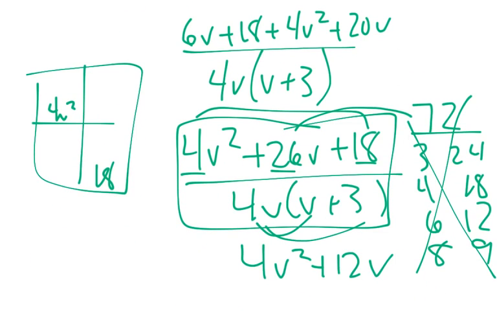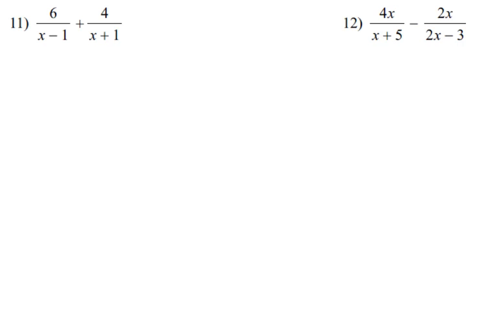Alright, moving on. So, now we've got x minus 1, x plus 1. I don't think you can just multiply by a negative 1, because it wouldn't work. So we multiply by each one, and by x plus 1 here.